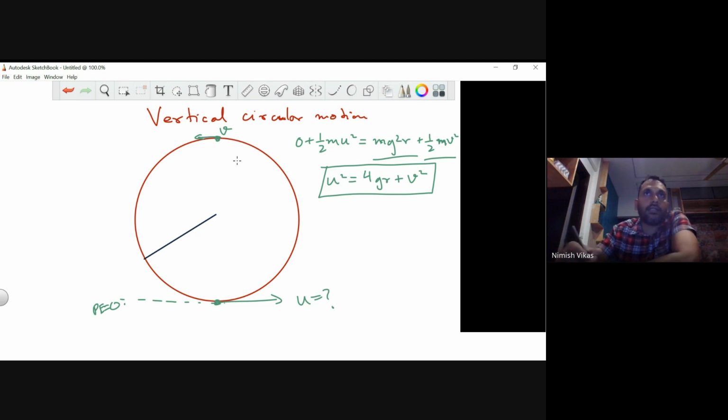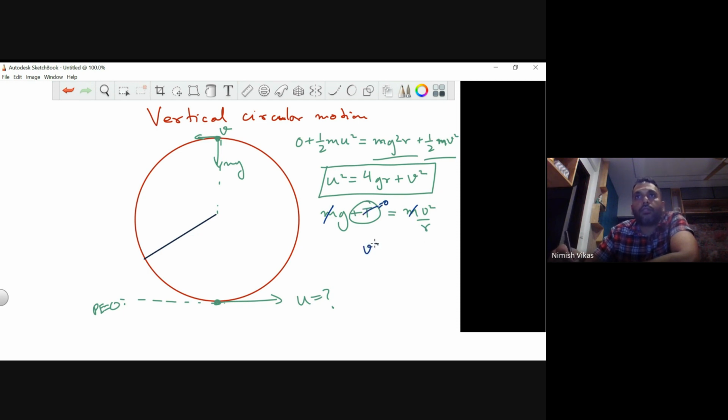Another thing is, if it is just completing a circle, mg plus T must be equal to mv square by r, but then T has become 0. So m and m get cancelled, T is 0.